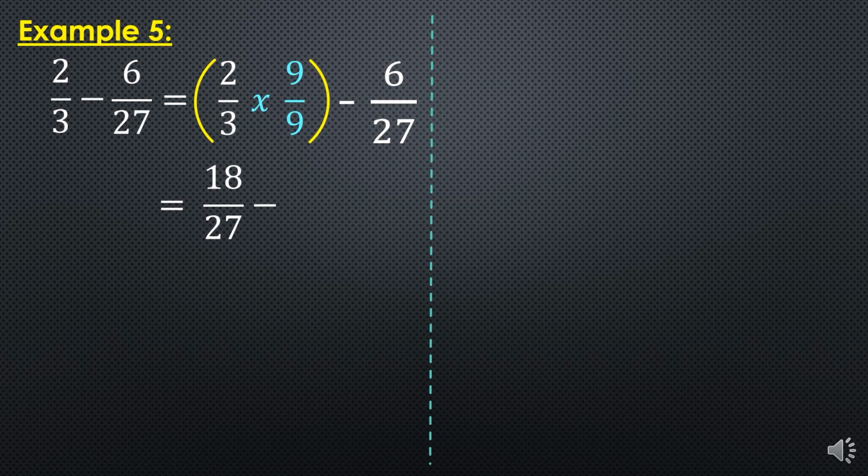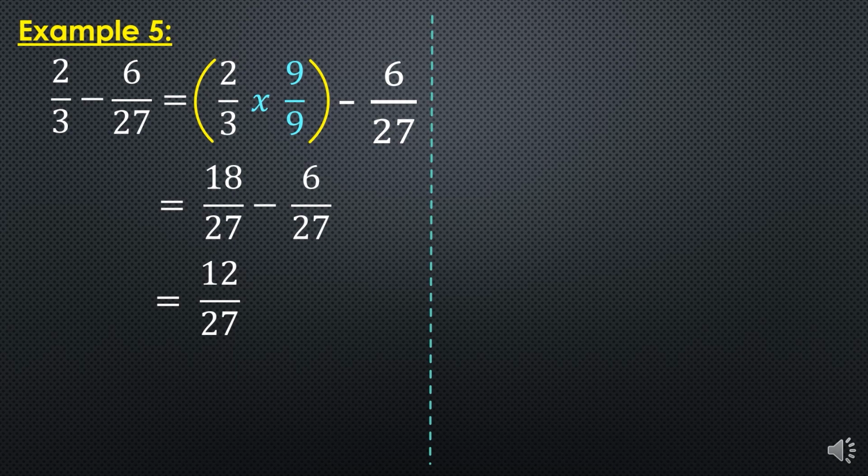Minus 6 over 27. Now the denominators are the same, 27 and 27. We can subtract. 18 minus 6 equals 12, and then copy the denominator, which is 27.